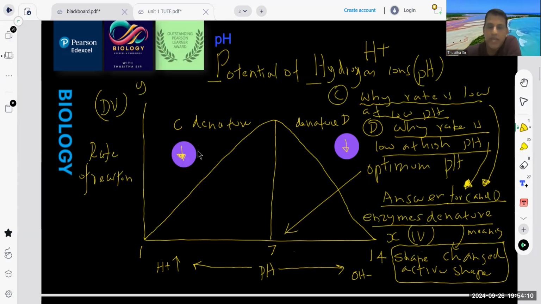At low pH, enzyme denature. At high pH, enzyme denature. The meaning of denature is shape change, the enzyme shape change, active site shape change.